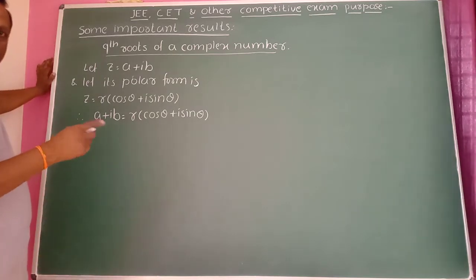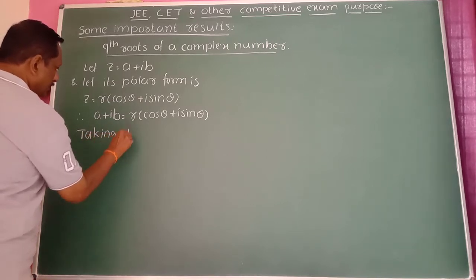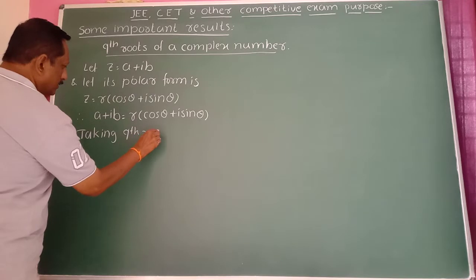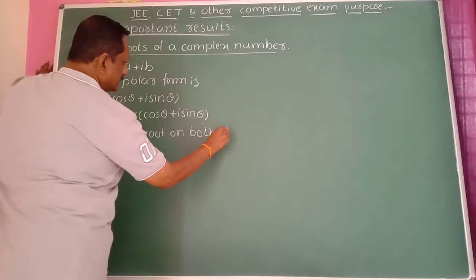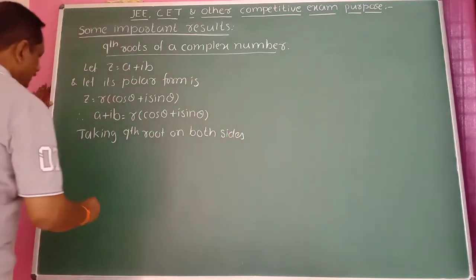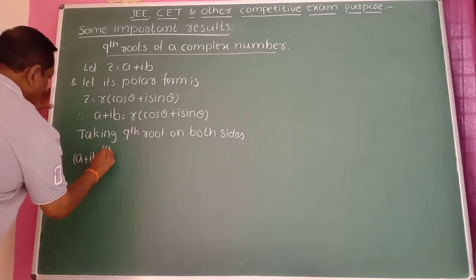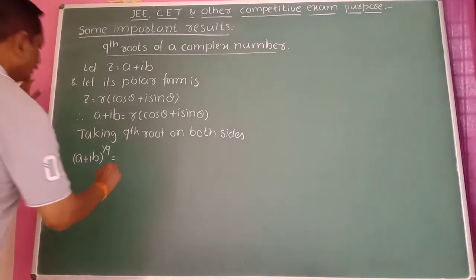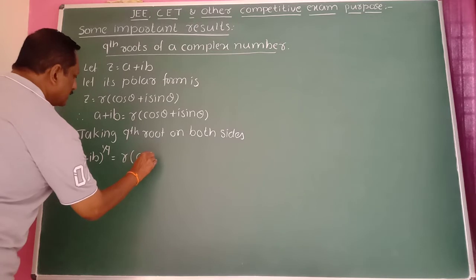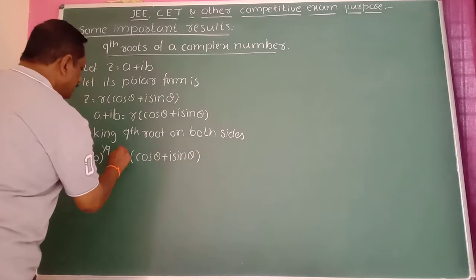Then taking the q-th root on both sides, (a plus i b) raised to 1 by q is equal to r into (cos theta plus i sin theta) raised to 1 by q.